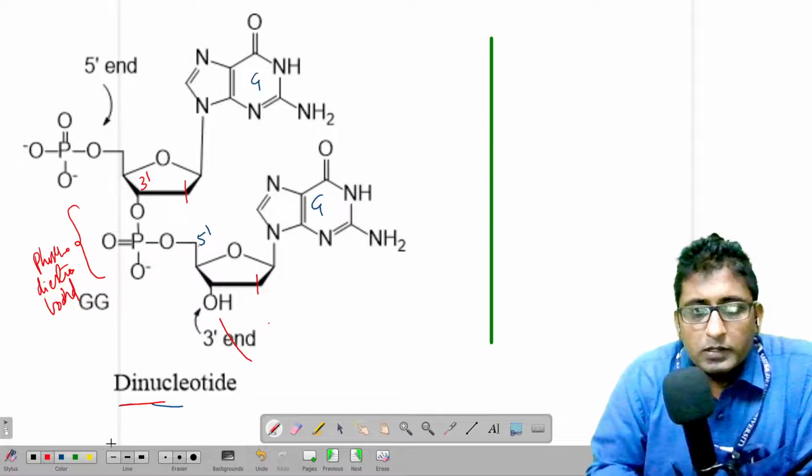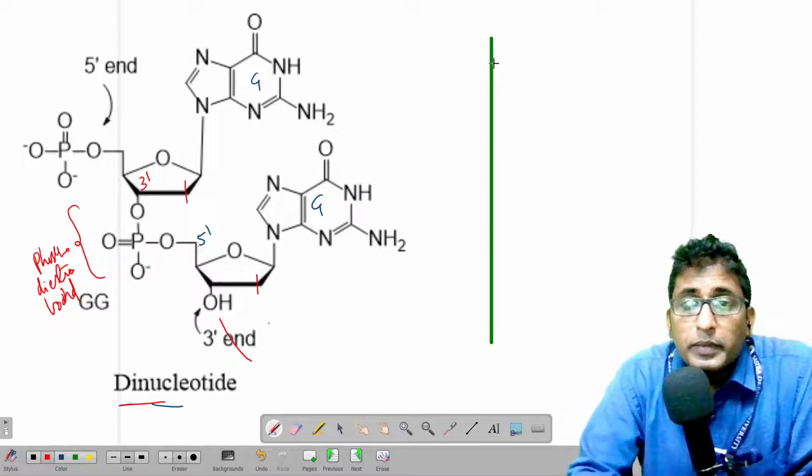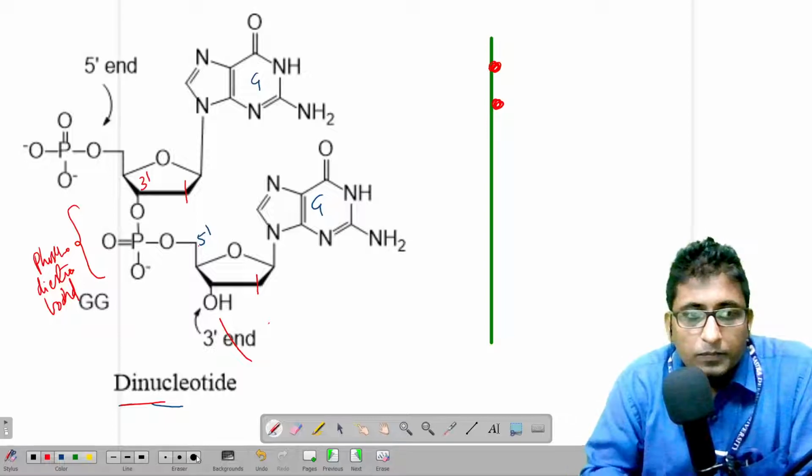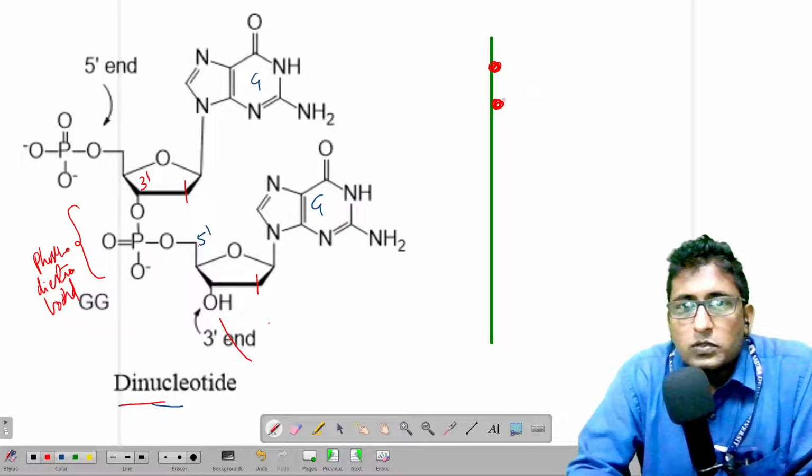If we look at the phosphate backbone, we will see something like this. Assume each of these is a sugar, the ribose, and in the middle we have a phosphate group. The sugar is something like this.